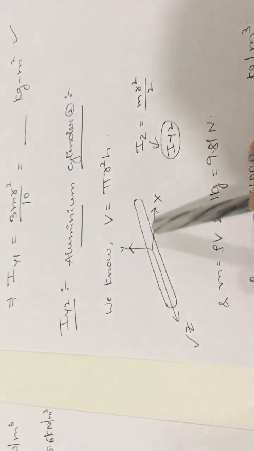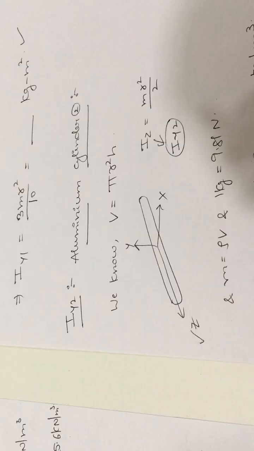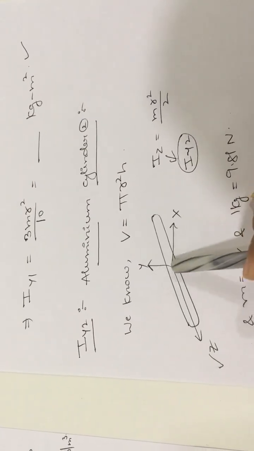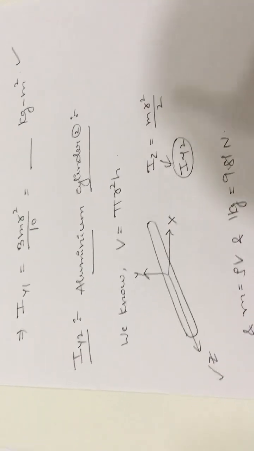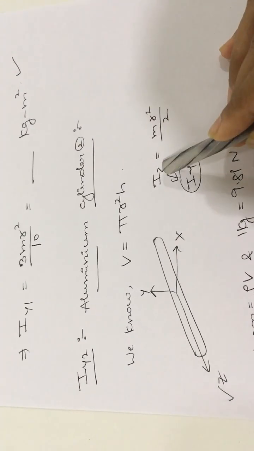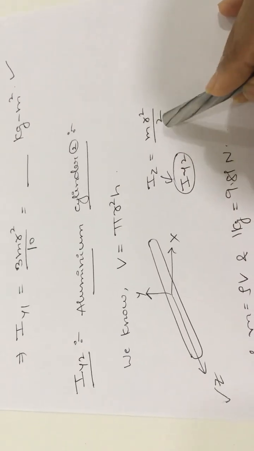Now for the second section. The second section is nothing but the aluminium cylinder. Now, this is the default fixed diagram. Here it is the x-axis, here the y-axis, here the z-axis. So in the default position diagram, the default formula about the z-axis is m r square by 2.